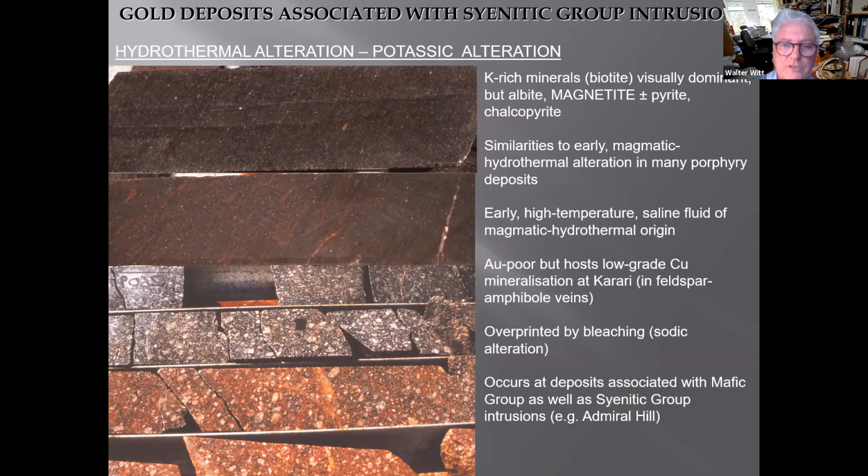The lower slide shows a transition from the potassic alteration, which is dark brown, to the later bleaching or sodic alteration, where magnetite and biotite have been destroyed and replaced by new minerals. The potassic alteration is also associated with Mafic Group intrusions at Admiral Hill.